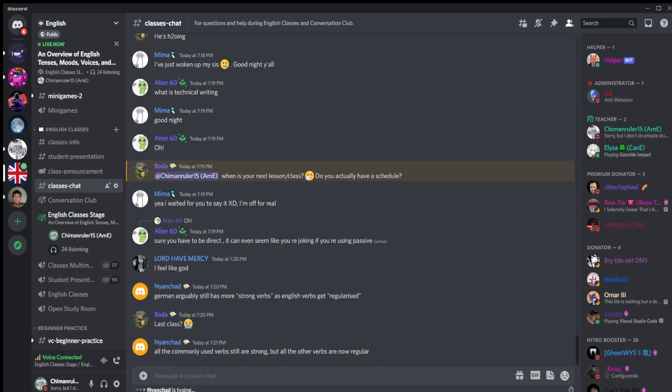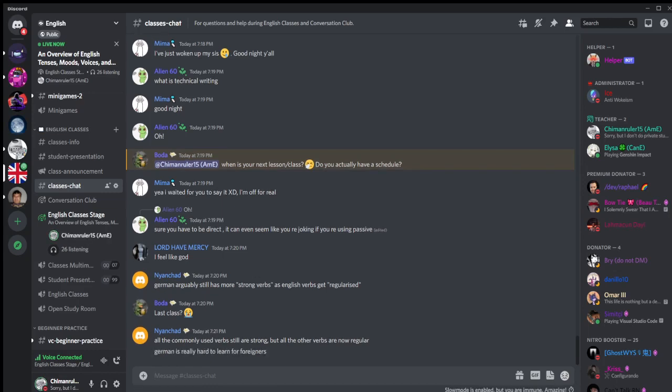German has a crap ton of strong verbs, actually. And a crap ton of irregular nouns as well. Nouns that are changed to special plural forms. German has a lot of those. Whereas in English, you usually just put an S or an ES at the end of the noun. Although we have special forms as well, obviously, but not as many as German.